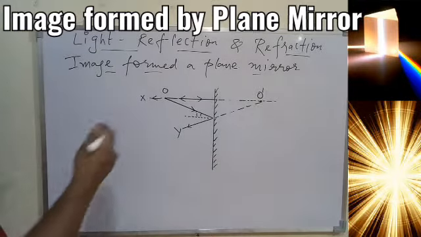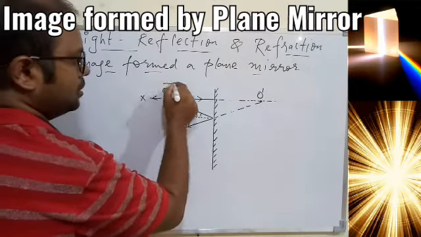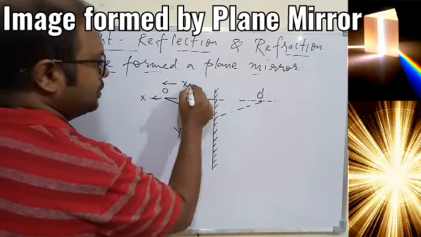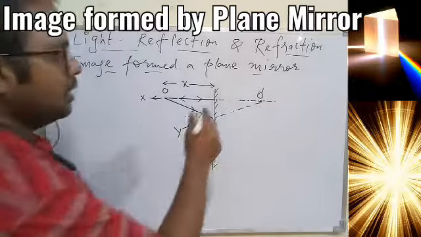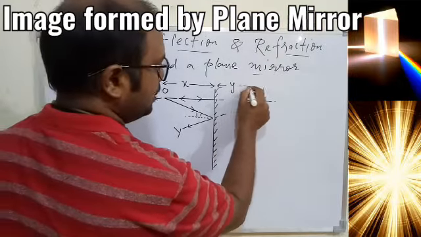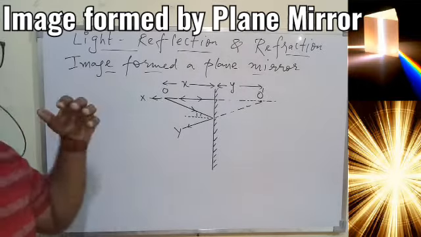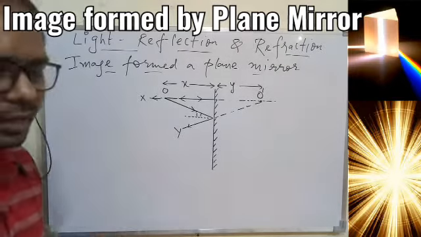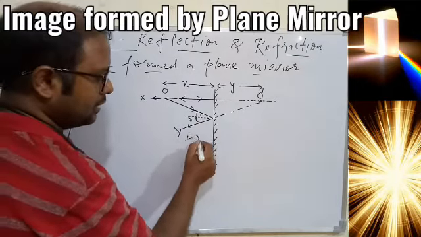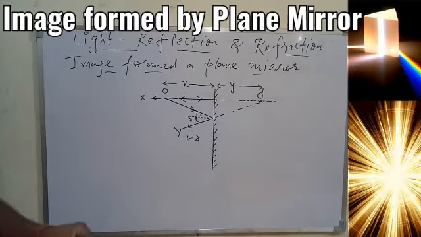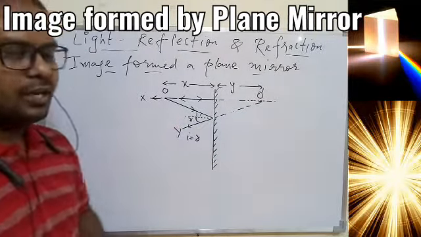Okay, so from here we can understand few things. If we have this as the mirror, now this will be your X, for example. That is the distance of the point size object O from the mirror, and this is your distance of the image from the mirror, Y. So if you measure this angle, I is equal to R here, if both the angles are exactly equal, so automatically you will see the rays will meet at a point such that this Y and X will be equal.